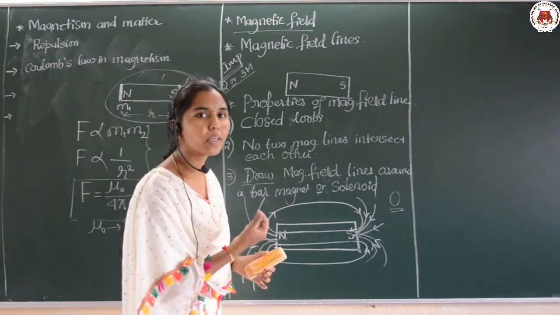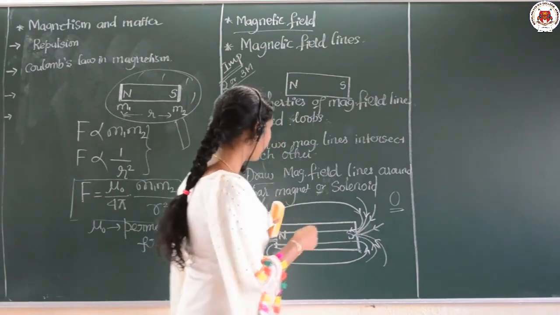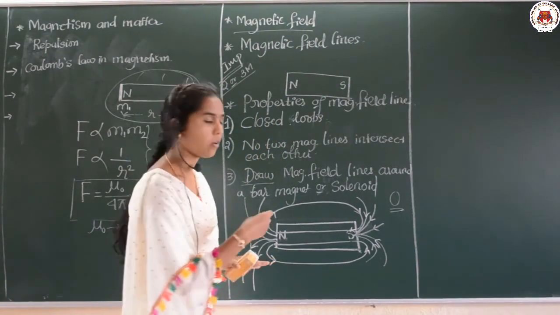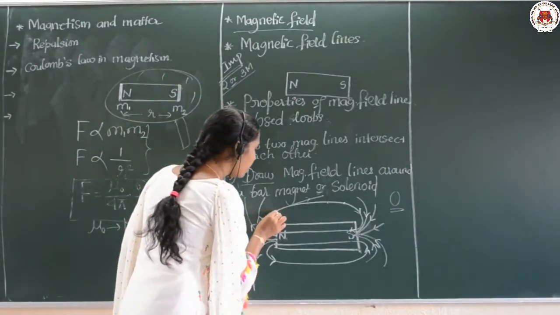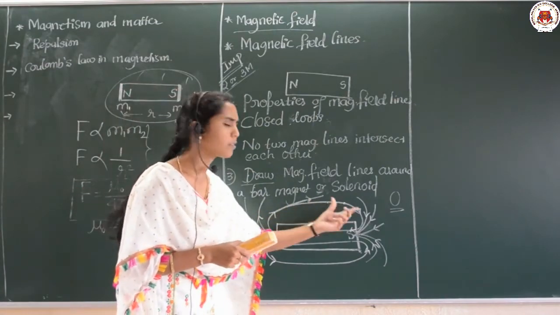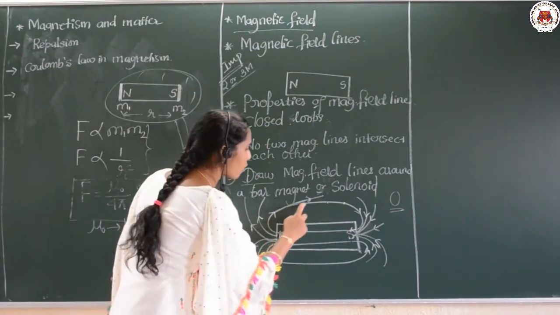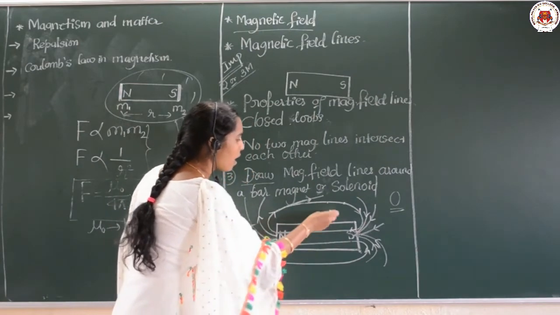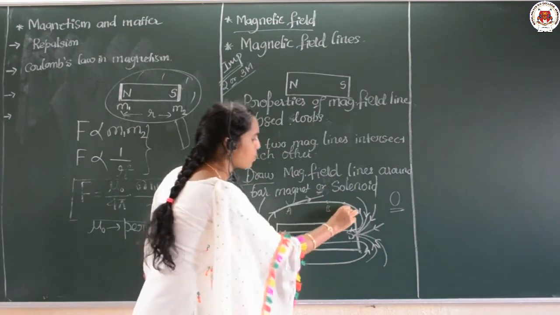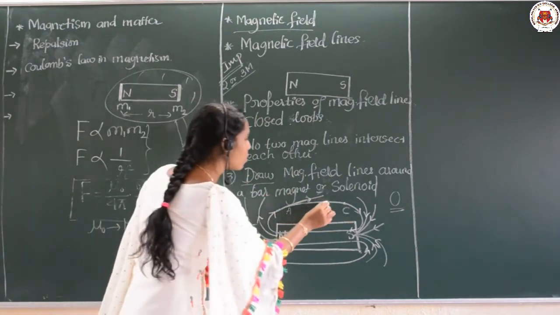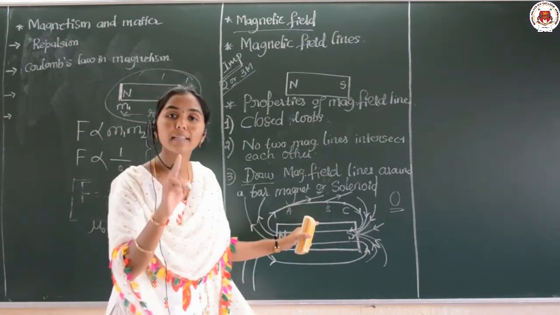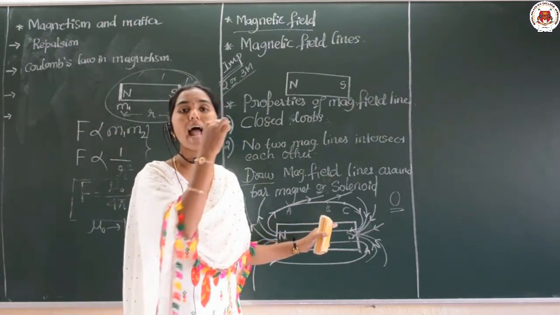Then moving to the next point. For these magnetic field lines, if you draw a tangent at any point on the magnetic field line, any point. See here, this is forming a closed loop, right? If you want to draw here, or if you want to mention this is point A, B point, C point, wherever you want, if you draw the tangent at that point, it gives the direction of the magnetic field at that point only.